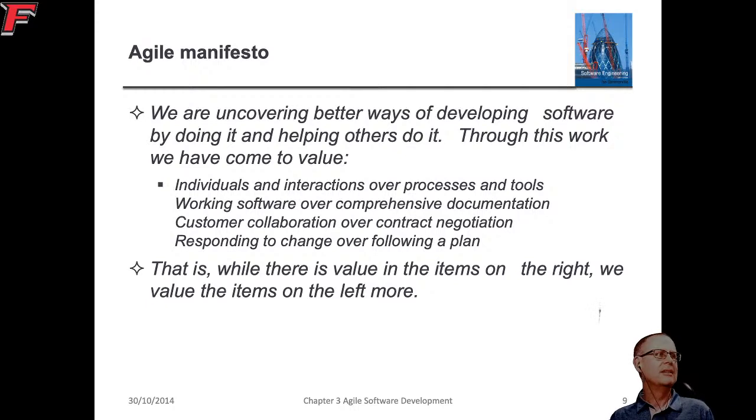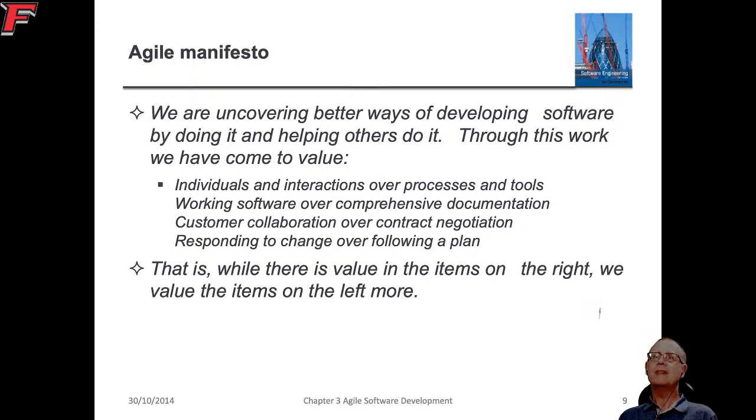And there's a thing called the Agile Manifesto, and this is a statement of it. We are uncovering better ways of developing software by doing it and helping others do it.